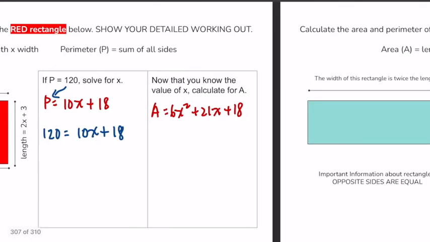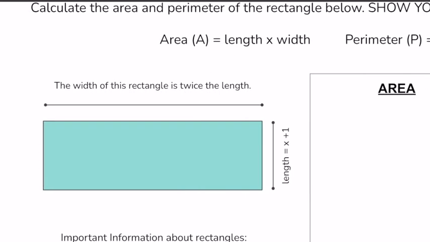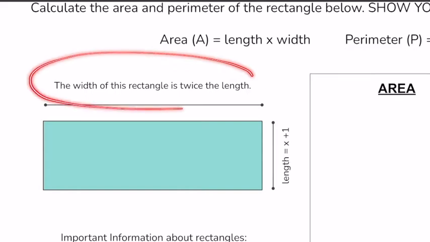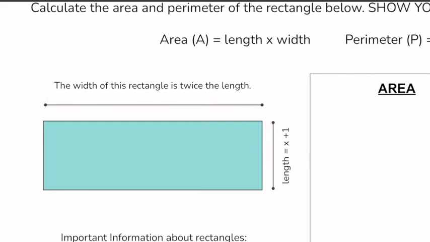So the next one is the same process. The only thing that I added here was the width of this rectangle is twice the length. So this is how to show it. The width is twice this one.